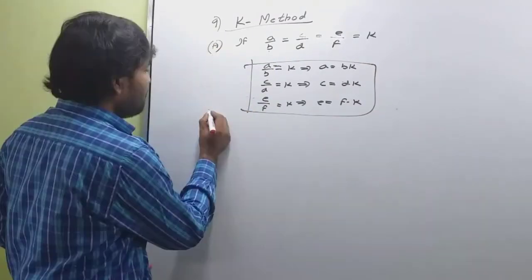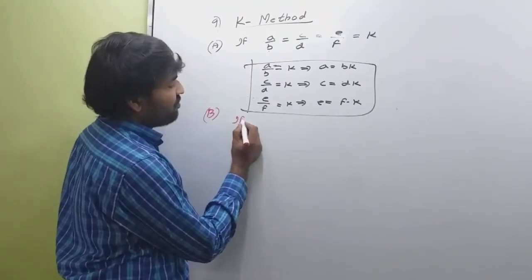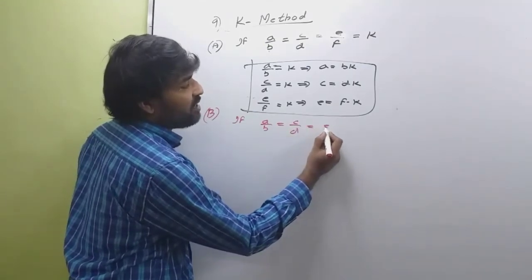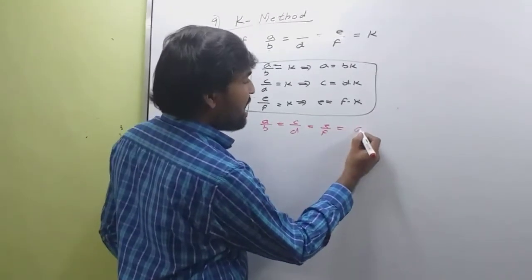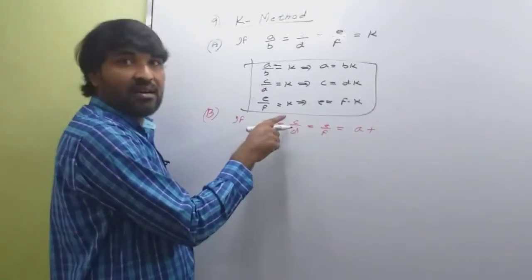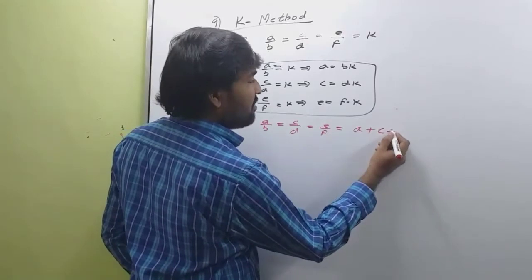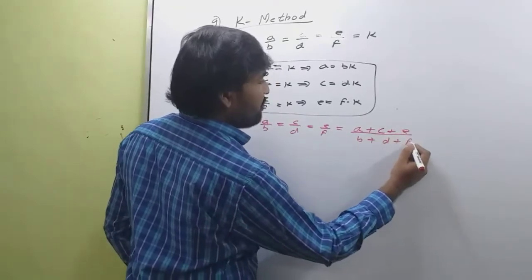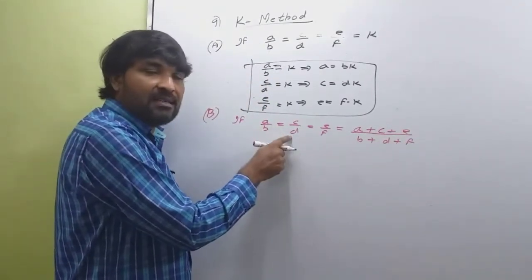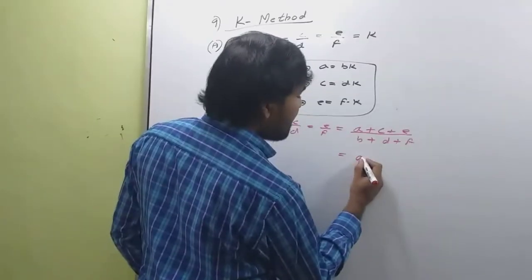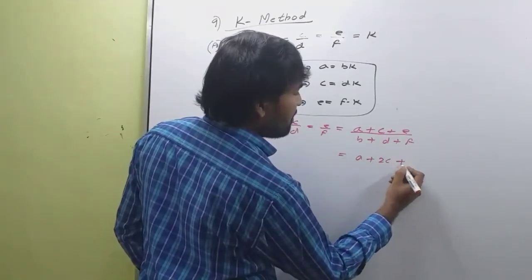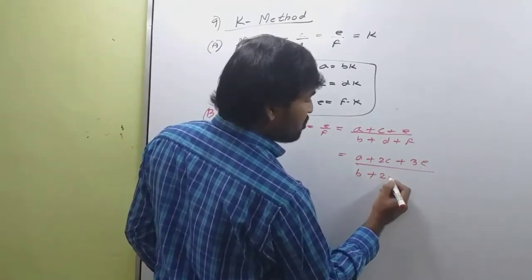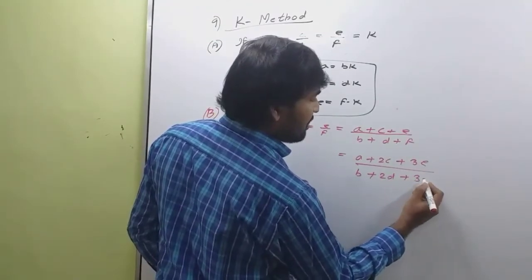If A by B is equal to C by D is equal to E by F, then it is equal to A plus C plus E, the sum of the numerator terms, divided by B plus D plus F, the sum of the denominators in the ratio. This is same as A plus 2C plus 3E divided by B plus 2D plus 3F.